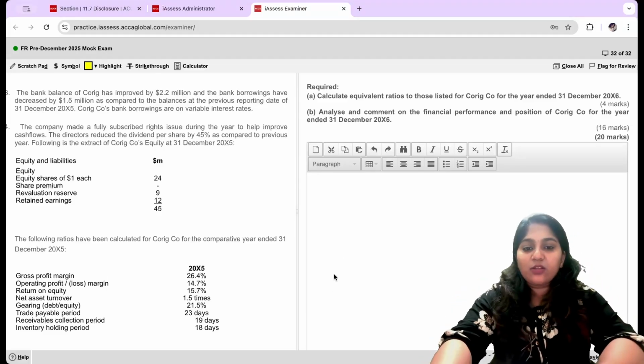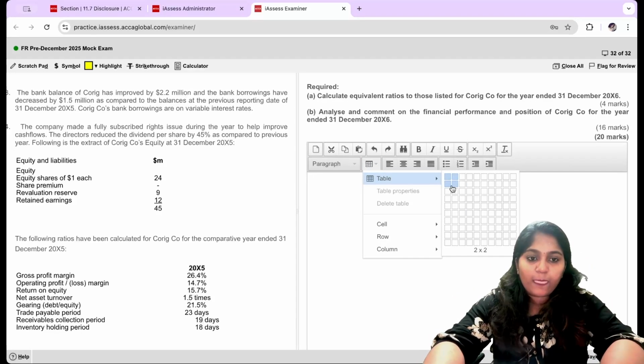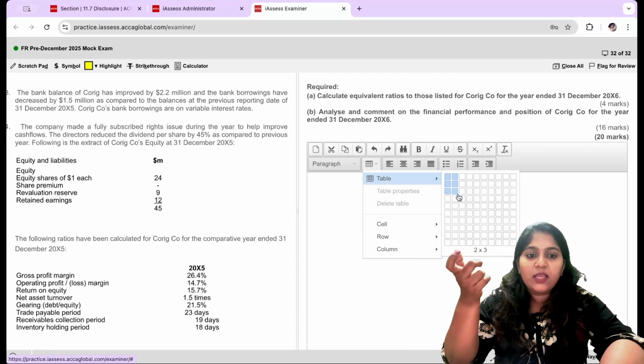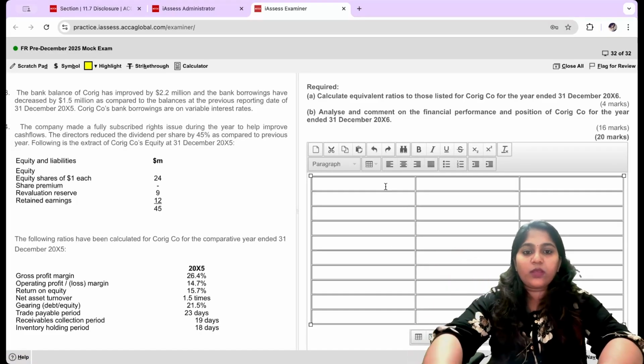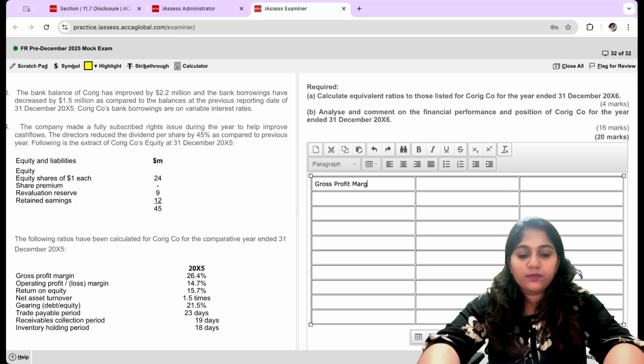So let's calculate gross profit margin. Let me include a table, guys. I need the workings, and then I need the ratios. So I need gross profit margin. What is the working? How do we calculate?